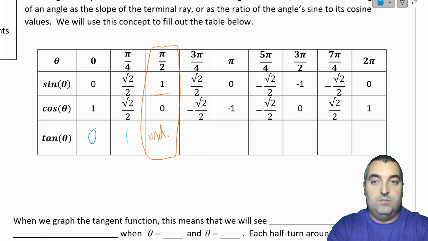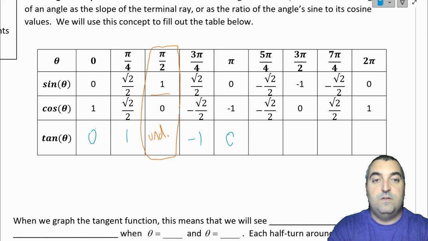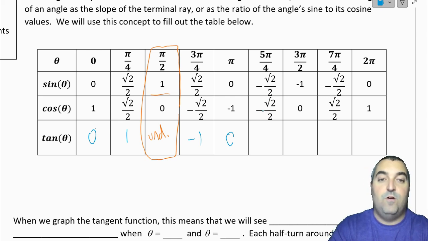And then here we get an undefined value because we're dividing by 0. And then you just follow the same pattern. This time it's negative root 2 over 2, which means you get negative 1. And then 0 over negative 1 is still 0. Negative root 2 over 2 over negative root 2 over 2 is positive 1.